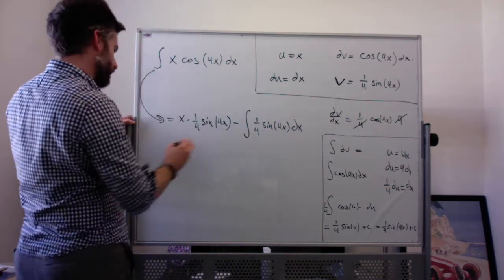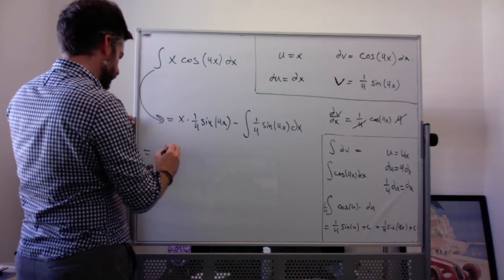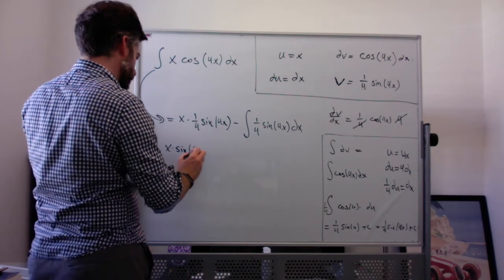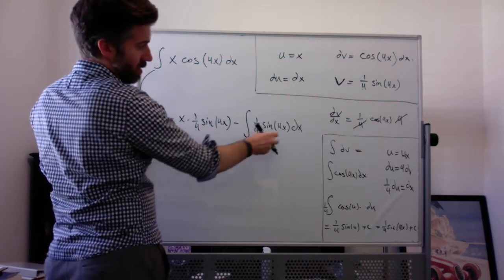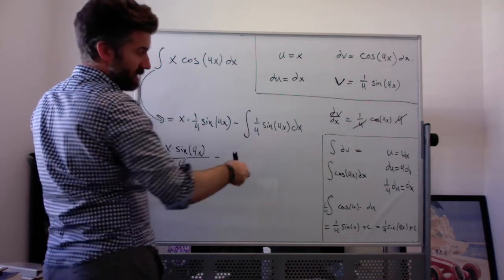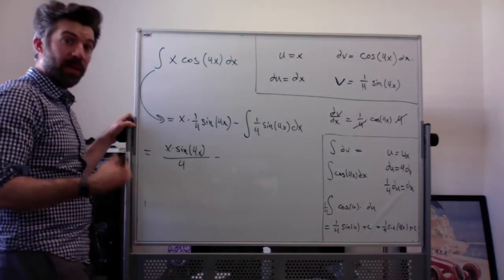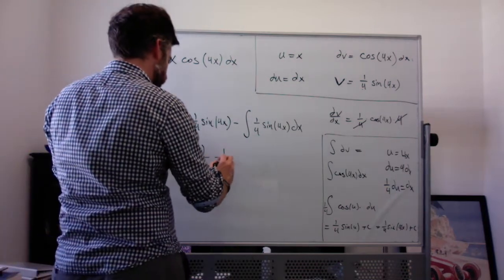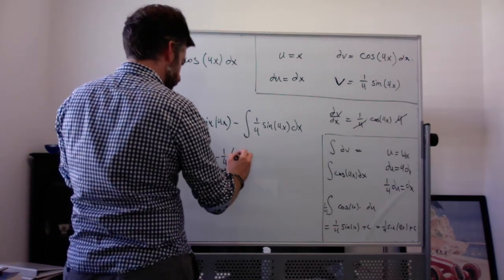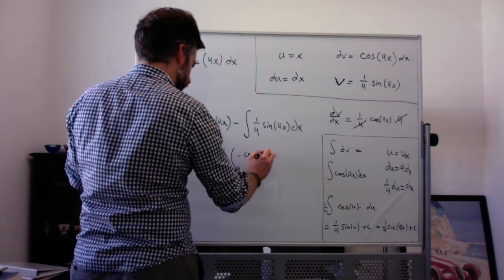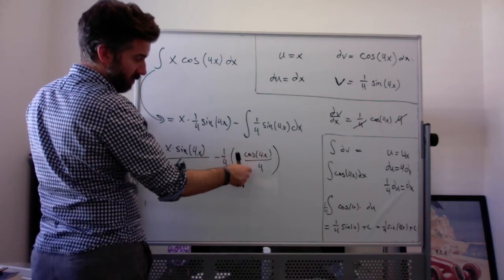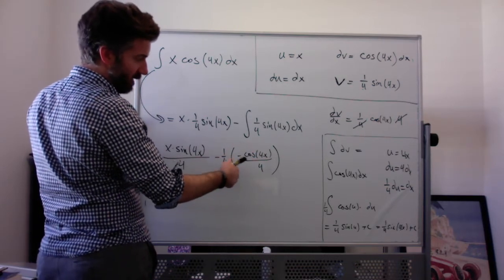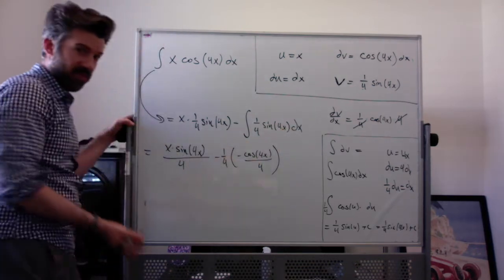So then integrating this, I'm going to write this as x times sine of 4x all over 4 minus the integral of sine of 4x, which is going to be negative cosine of 4x divided by another 4. So I have minus 1/4, and the integral of this is negative cosine of 4x all over 4. Again, the derivative of negative cosine of 4x all over 4 is positive sine of 4x times 4, and the times 4 cancels the 4 there.